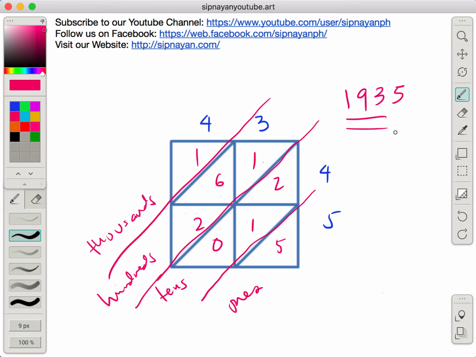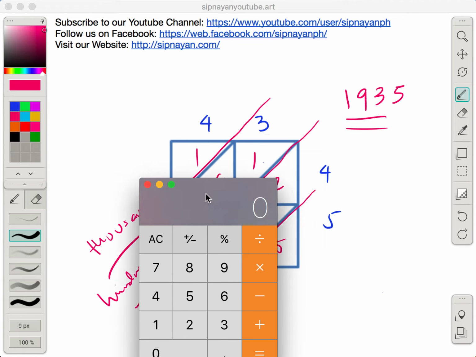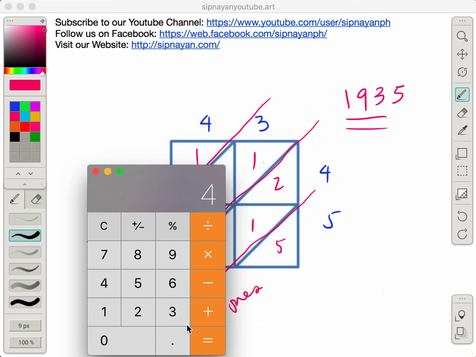Ibig sabihin, ito na yung product natin. So, pwede natin i-try, calculator natin. Okay, try natin. We have 43 times 45. So, 1,935. So, kita nyo, tama siya.